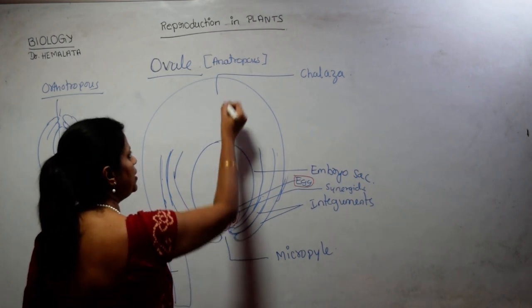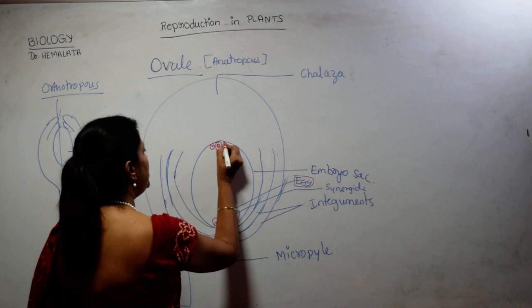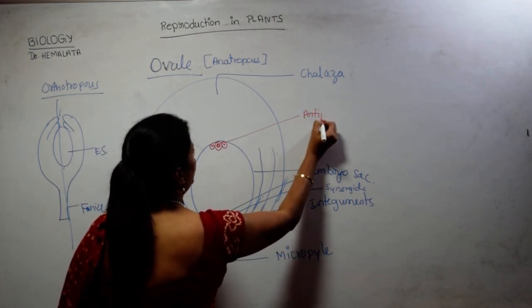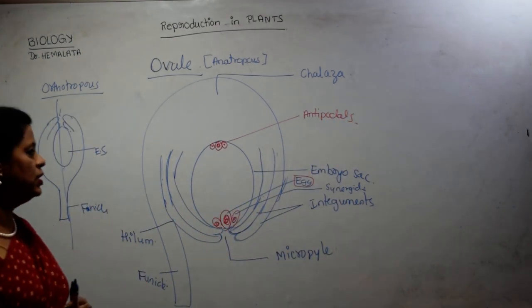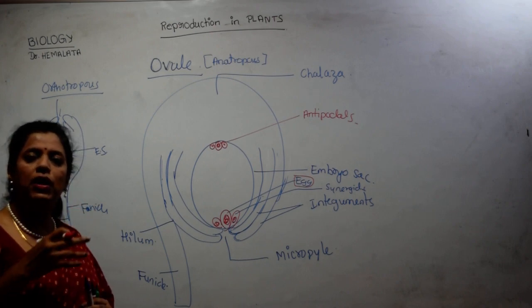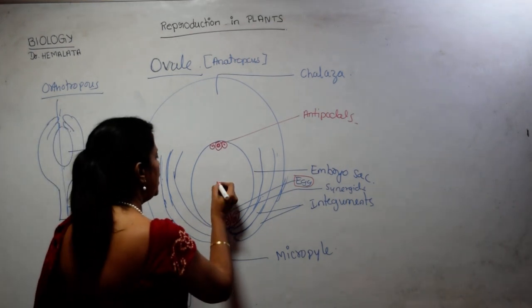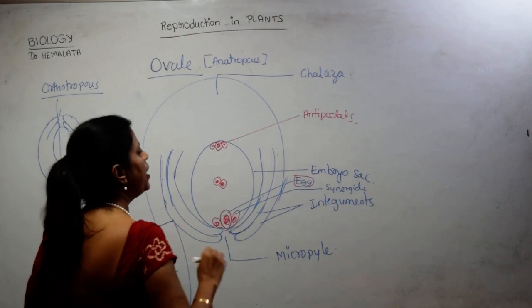On the opposite end, near the chalazal end, you get 3 haploid cells. These are called antipodal cells or antipodals. Antipodals are the 3 haploid cells located at the chalazal end of the embryo sac. Then at the center of the embryo sac you find freely hanging nuclei.